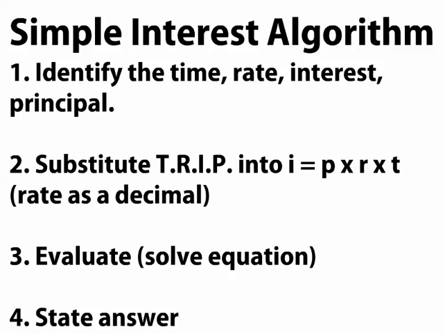The second step, we substitute TRIP into the equation I equals P times R times T, changing that rate from a percent to a decimal. Then we evaluate, solving that equation, and we state our answer.